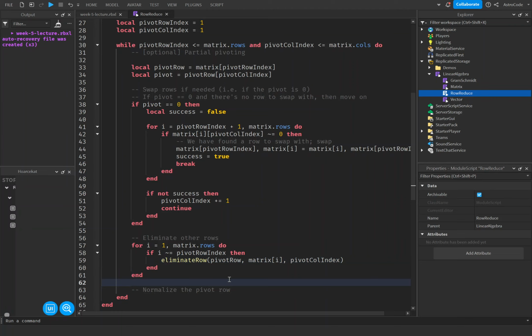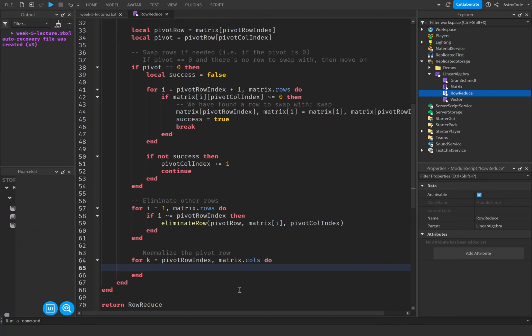Okay. So we're very nearly there. All we have to do now is normalize the row. By normalize, I mean we're going to scale each row so that the pivot is 1. So we're going to loop through each element in the pivot row, and we're just going to divide it out by the pivot, which scales the pivot to 1.